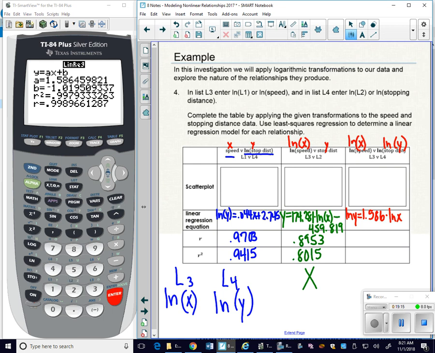That's actually just going to round up to negative 1.02. And if I look at my r value, notice that that actually rounds to 0.999. And my r squared is 0.9979.